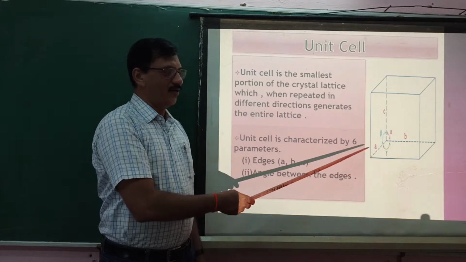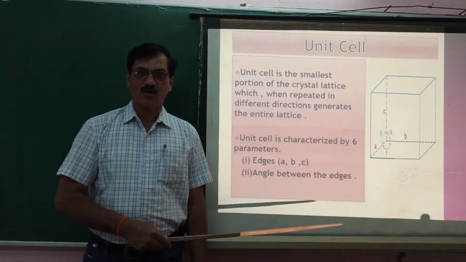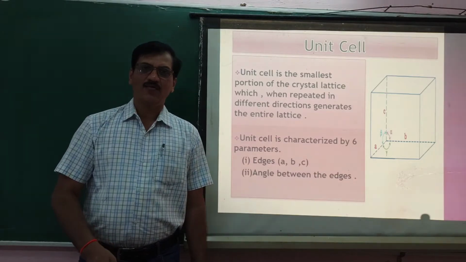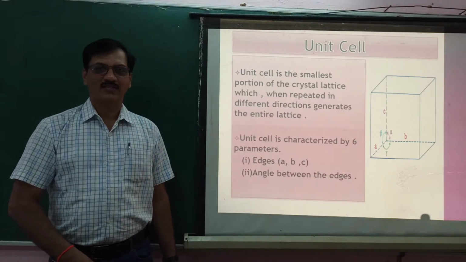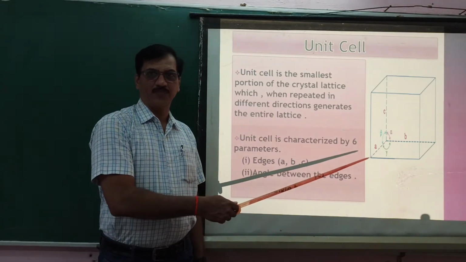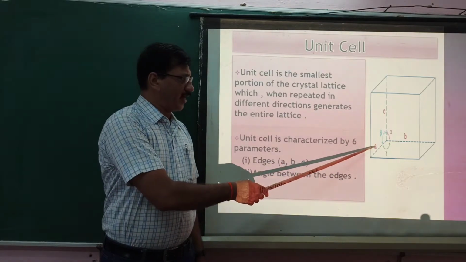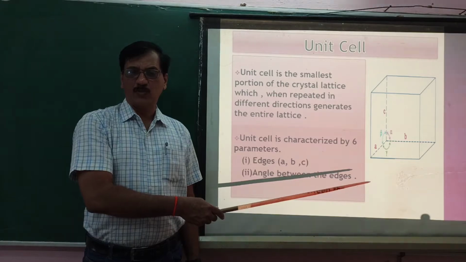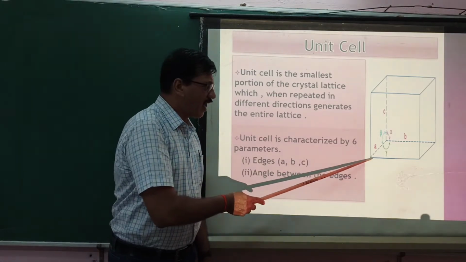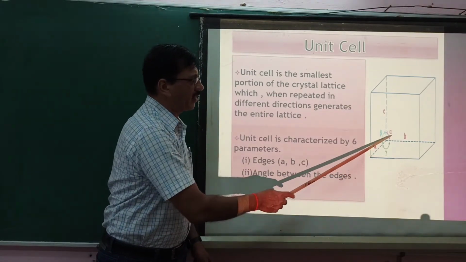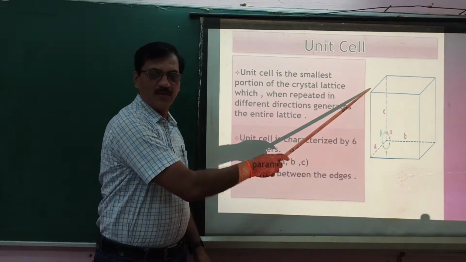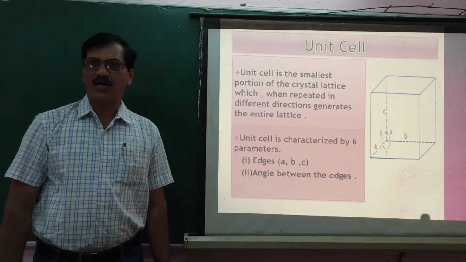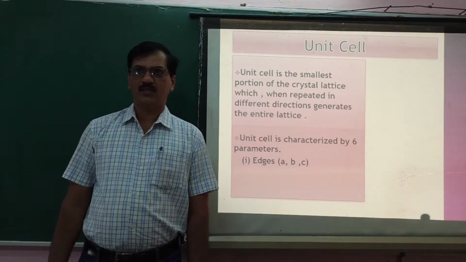A unit cell is the smallest portion of the crystal lattice which, repeated over and again, will produce the crystalline solid. It is characterized by 6 parameters: 3 are the edges, length, breadth and height, and the angles between the planes, alpha, beta and gamma.